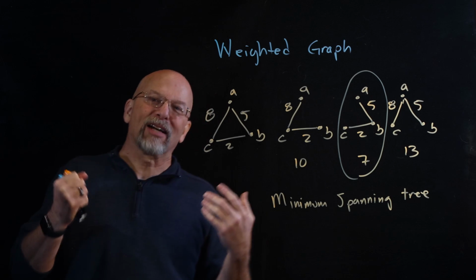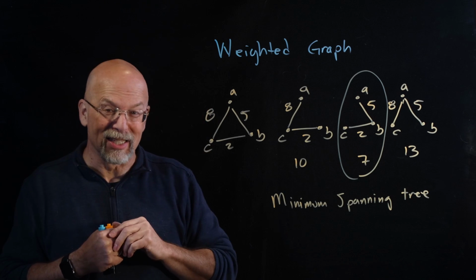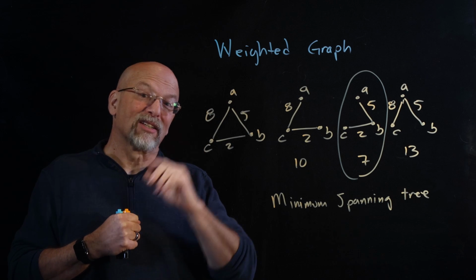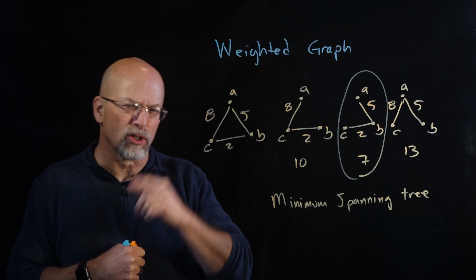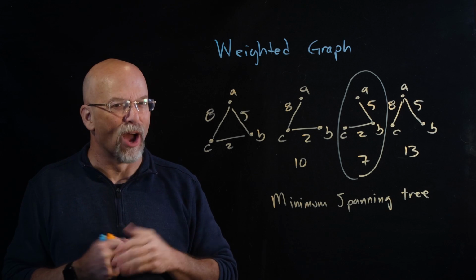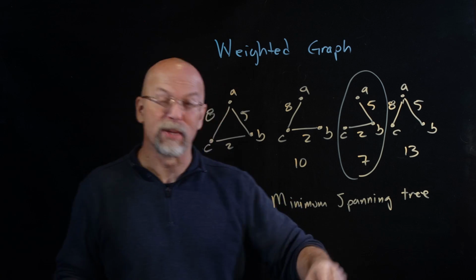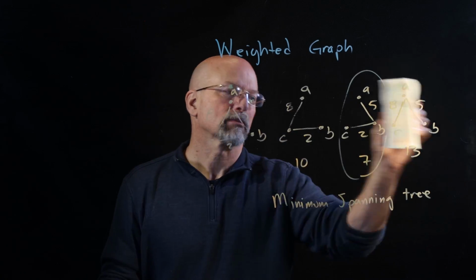Well, that's getting a little bit more complicated, but not too bad. But what if we go back to our airline with 5 cities? 5 cities, that's 5 to the third, or 125 different spanning trees. Are you up for evaluating all of them? No. So let's come up with some algorithms to simplify that process.